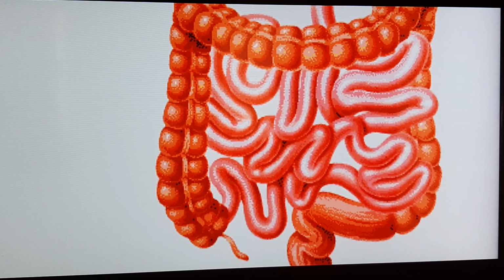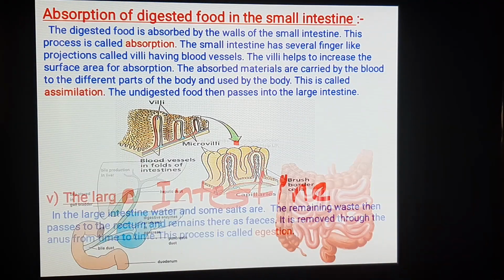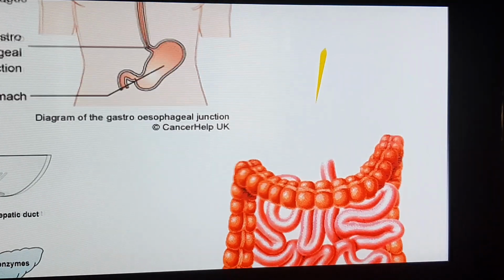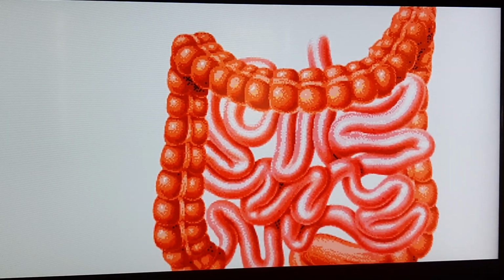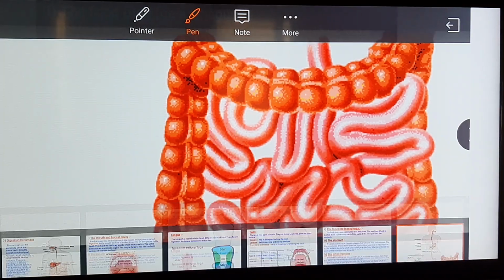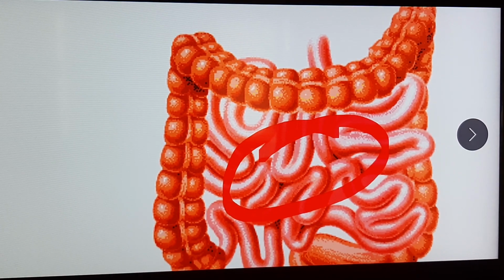Here you can see a small intestine as well as a large intestine. So this is the small intestine, which is a long tube-like structure, and this is the large intestine.